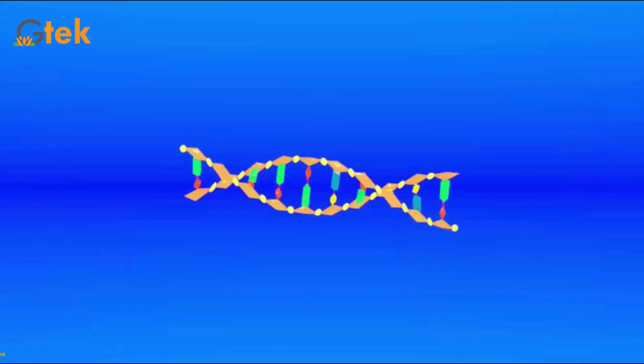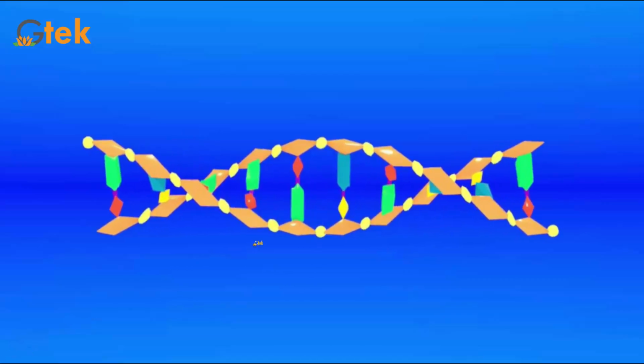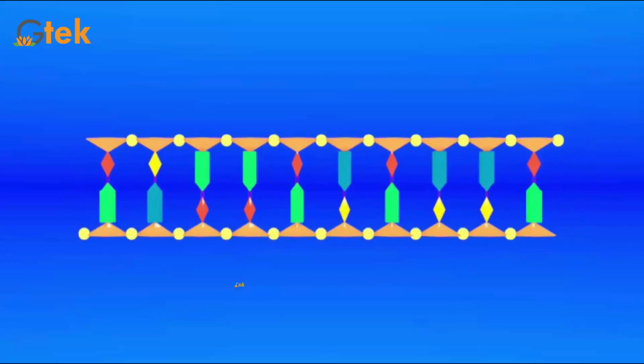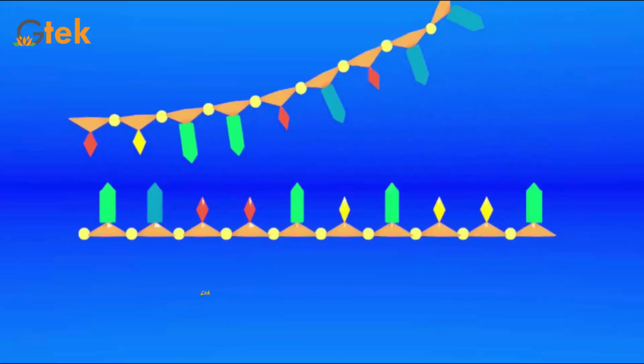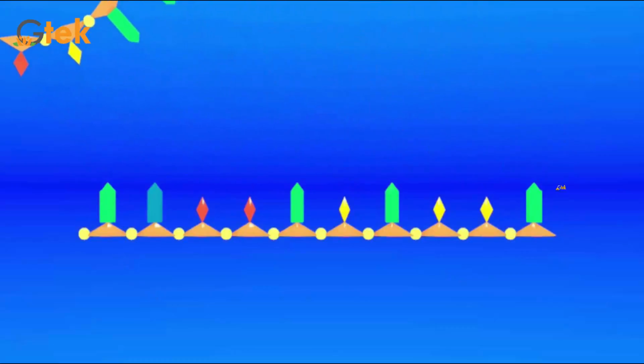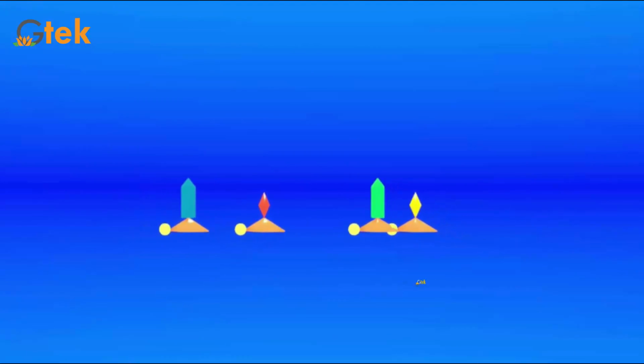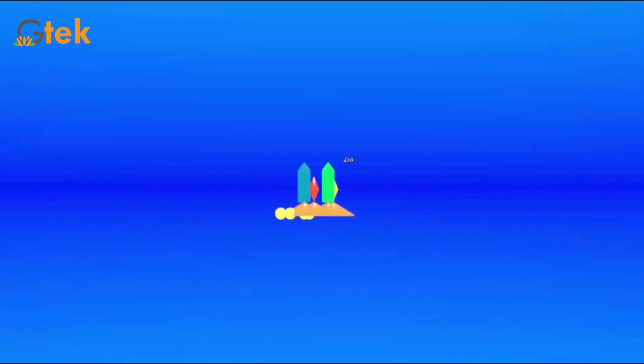Let us see about the parts of DNA. The DNA is generally like this. It consists of various parts, you can see the parts here, and this is called a nucleotide.